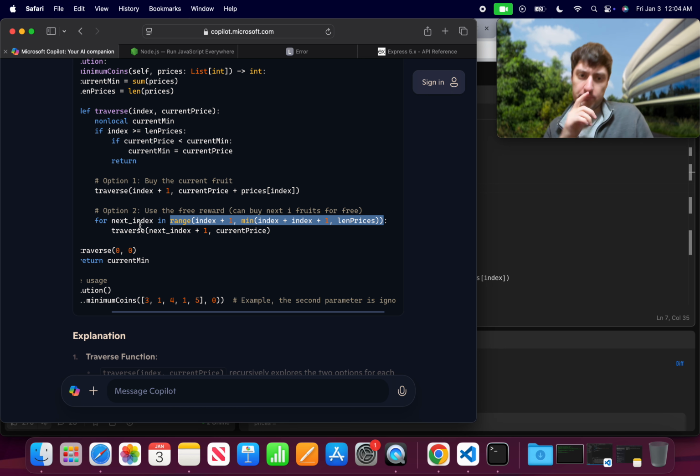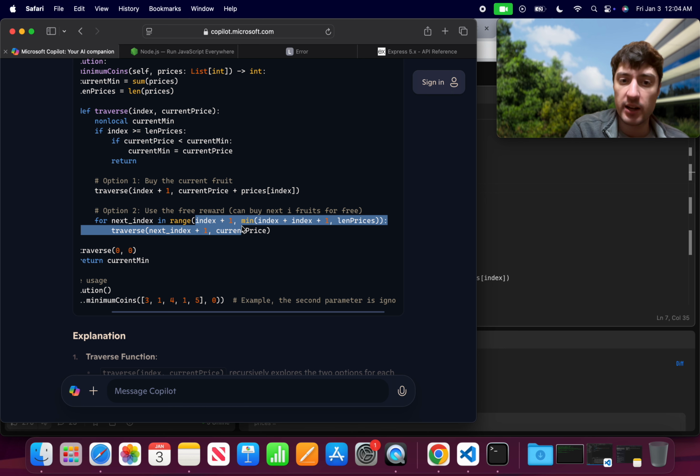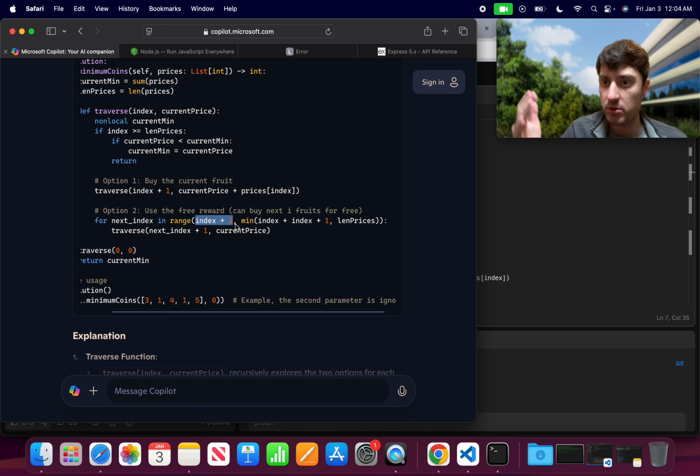Okay. Now, what are we ranging through? We start at the next index. Okay. So it's not starting at 0, it's starting at index plus 1. Then, can buy next i fruits for free.